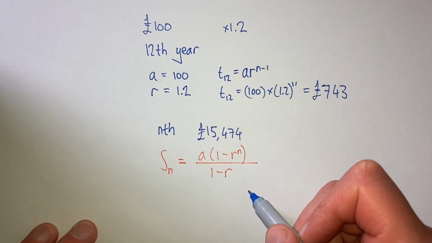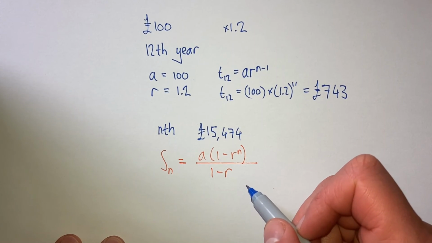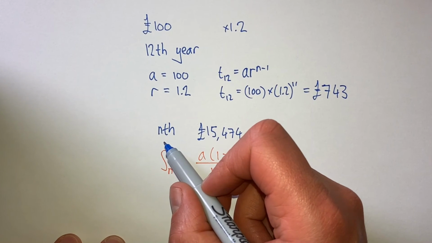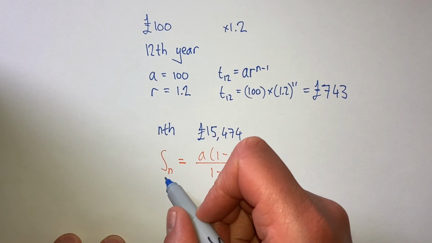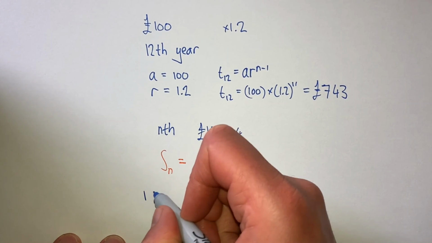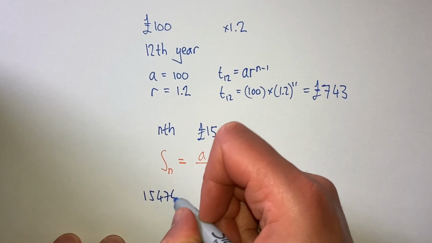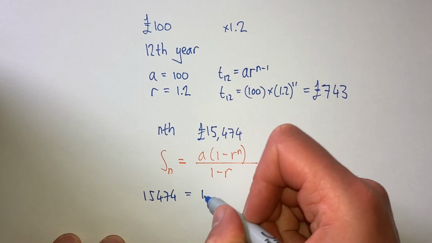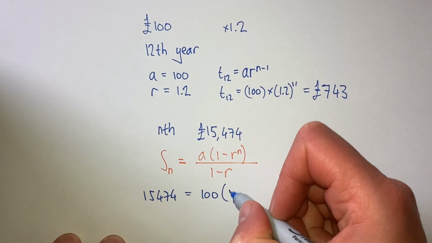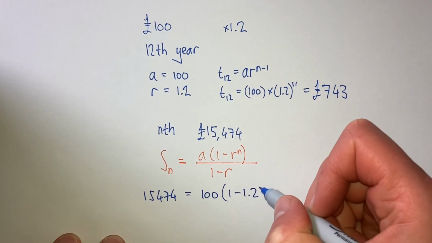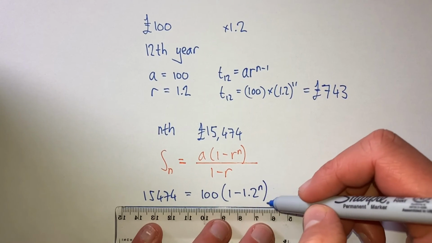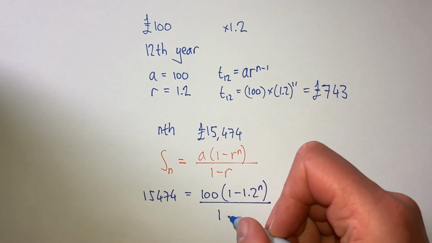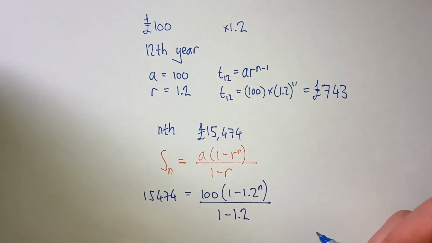We can use this formula to help us to calculate the number of years, that is the value of n. We know that the sum is 15,474. We know the first term is 100, and we know the common ratio is 1.2. Well, let's rearrange this and have our power of n to work with.